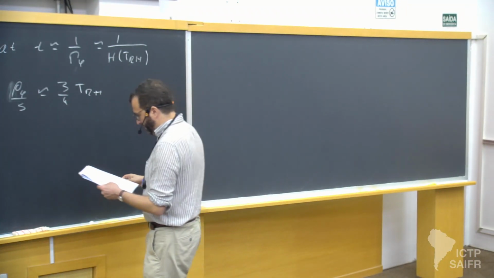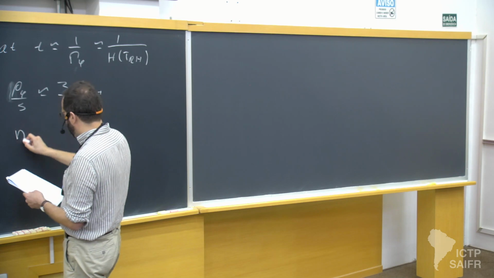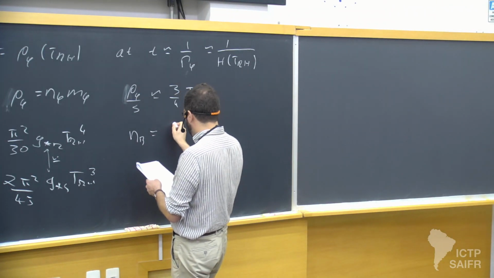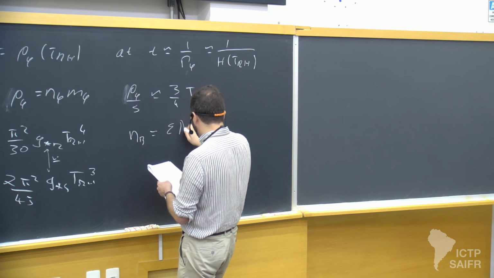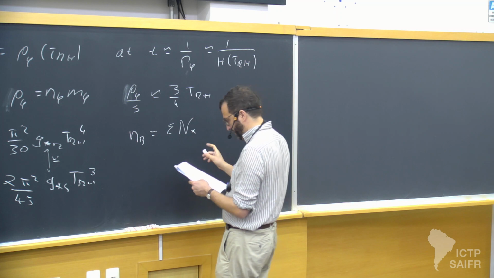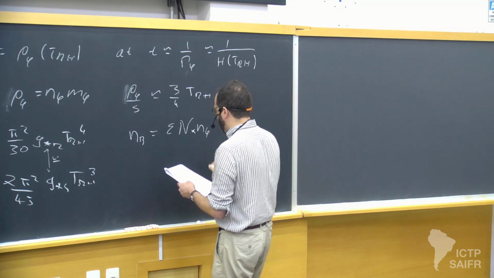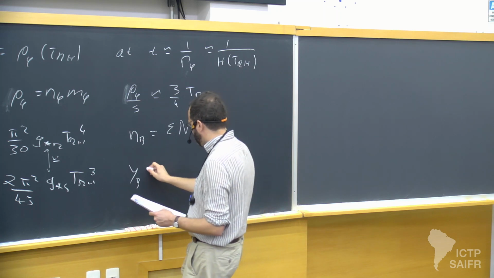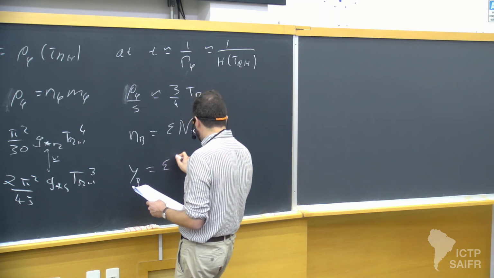So then the baryon density is set by epsilon, the average number of these particles produced in each phi decay, times n phi, and Y_B is this divided by the entropy.